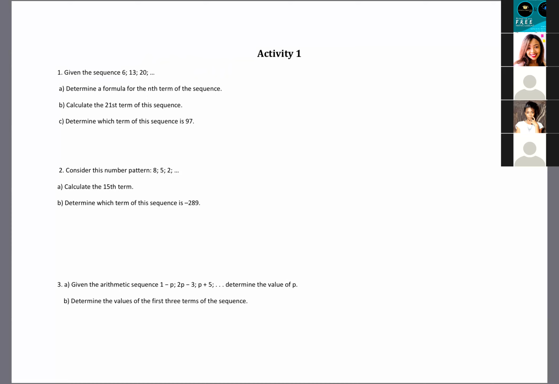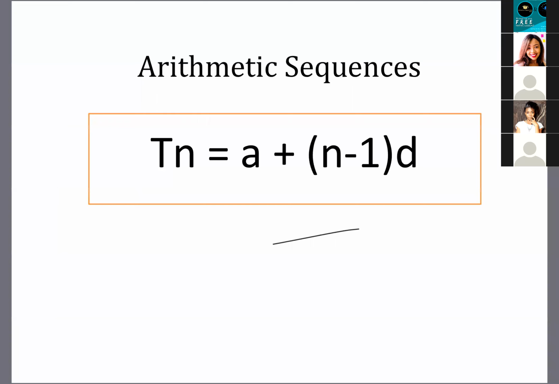Okay, great. So we're going to go through activity 1, question 1. It says, given the sequence 6, 13, 20, determine the formula for the nth term of the sequence. Whenever they're looking for the nth term of the sequence, they're basically looking for the general formula. And the general formula for an arithmetic sequence is Tn equals A plus (n minus 1)d.